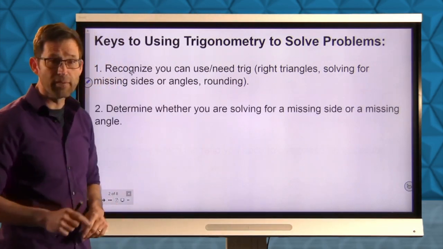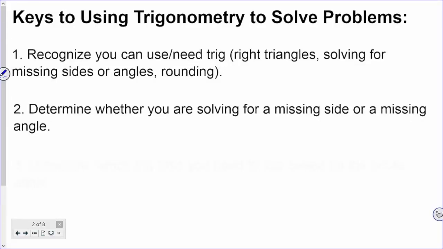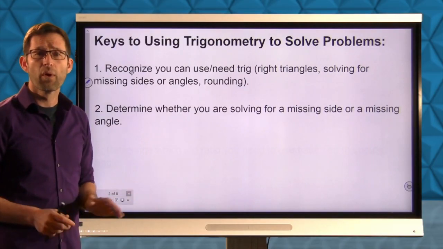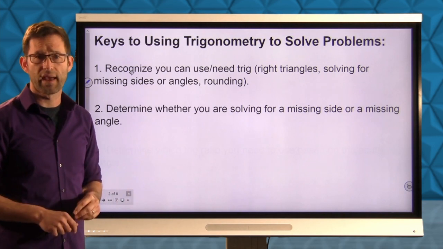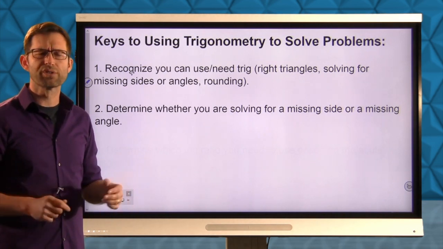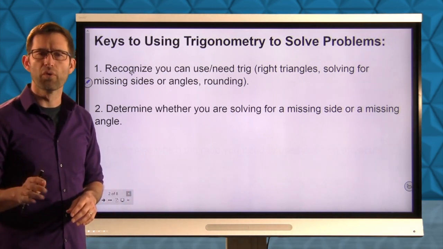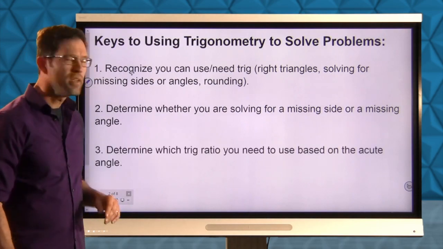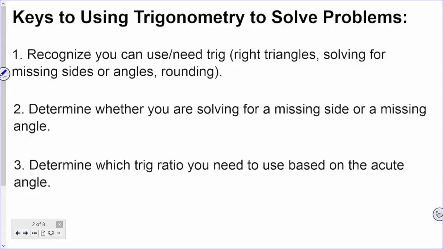All right, but then you need to determine whether you're solving for a missing side or a missing angle in the problem, because that's going to alter somewhat the way that you do the problem. But finally, you have to be able to determine which trig ratio you need to use based on the acute angle.